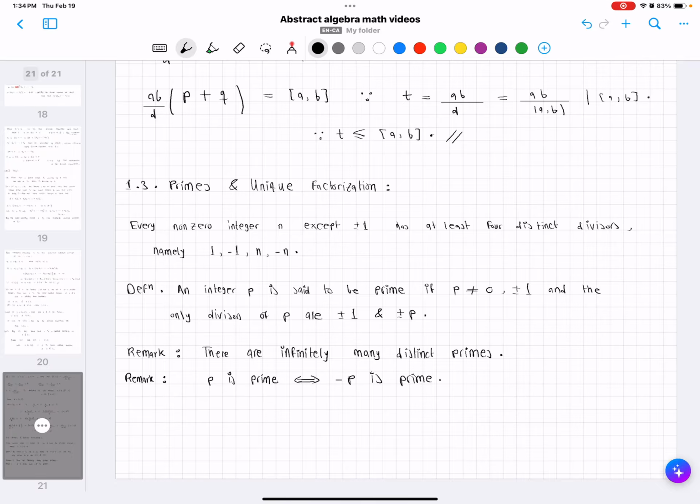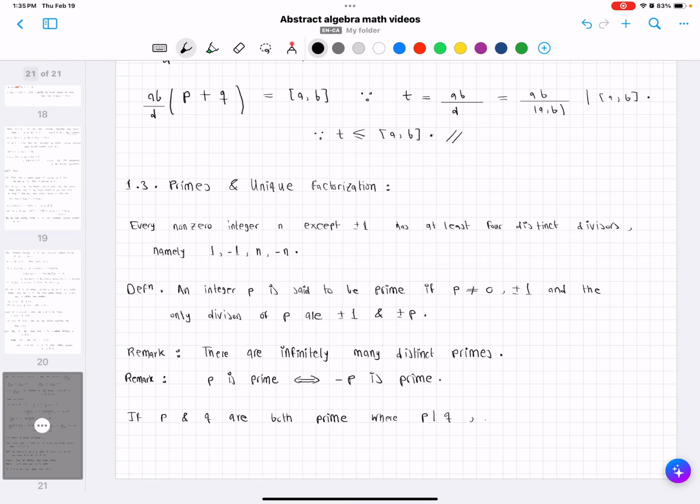And another thing in our analysis process here is the following: if p and q are both prime, where p divides q, then because q is prime and the only factors of q are 1, -1, and itself and negative itself, and since p is prime, it cannot be -1 or 1, so it must be plus or minus q.